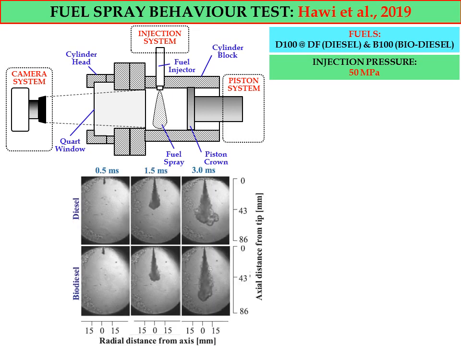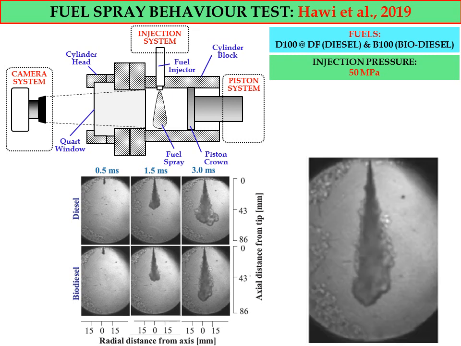So this is one of the results in terms of spray behavior captured by Hawi et al. 2019, showing the spray pattern for diesel and also biodiesel. This photo was captured by using a high-speed camera.